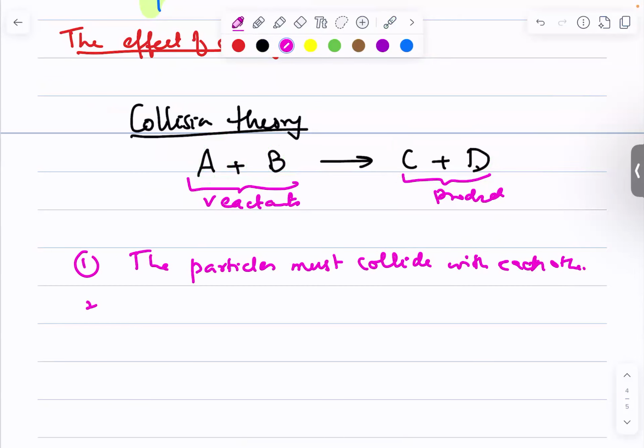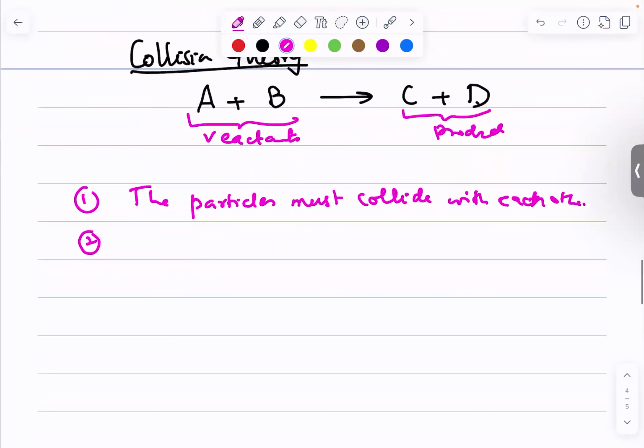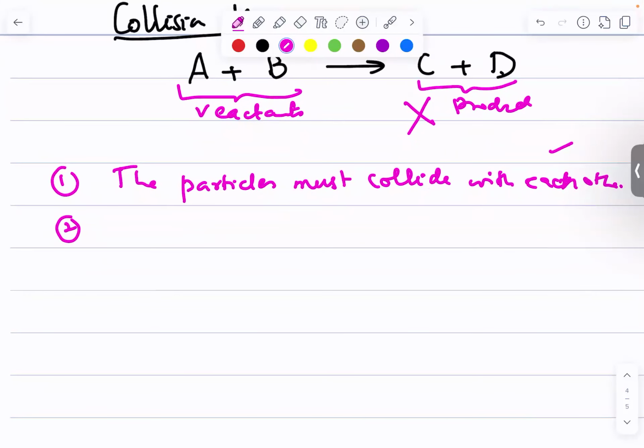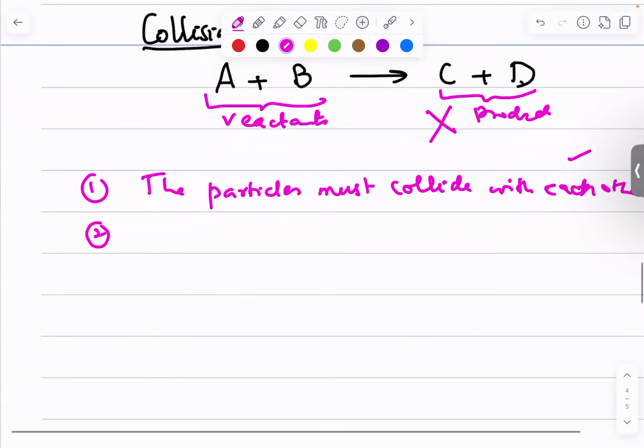Now, number 2 point. Let's suppose the two particles are colliding, but they are not colliding with enough energy, then the products will not form. So even if they are colliding with each other, the product will not be formed because they are not colliding with sufficient energy. So what is that second point?